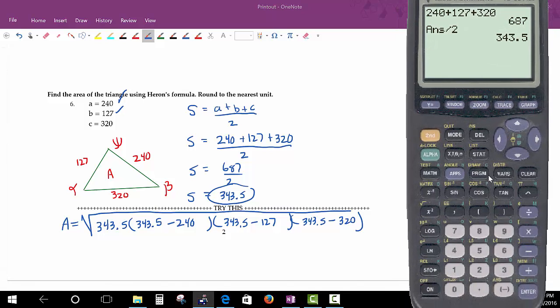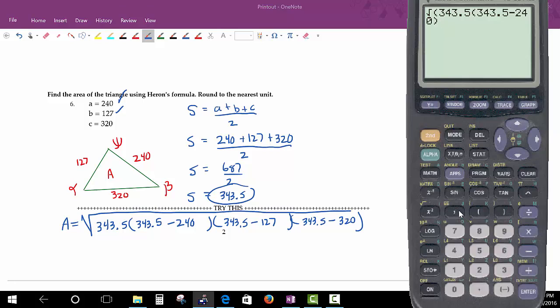You could do this in one step in your calculator like this. So I'm just going to put in square root, and then we have a parenthesis coming out, and we're going to have this whole thing under the radical. So I'm going to put 343.5, then a new parenthesis, and do 343.5 minus 240.